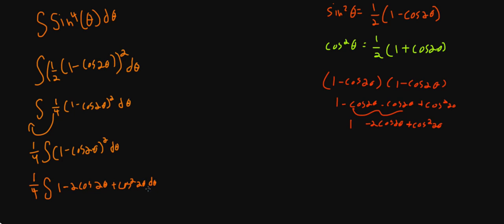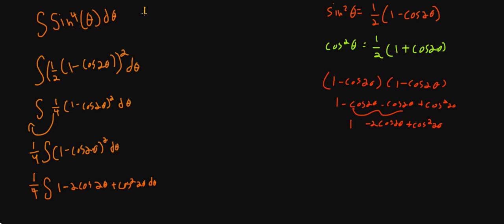Once again we have a cosine squared here, so we still can't integrate this by hand, so we have to use the identity one more time. Instead of cosine squared of 2 theta, we're going to use the identity and write it in terms of just cosine.